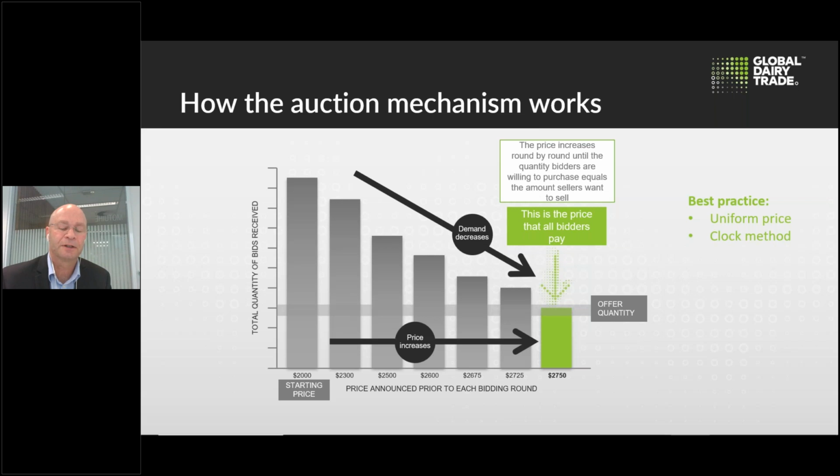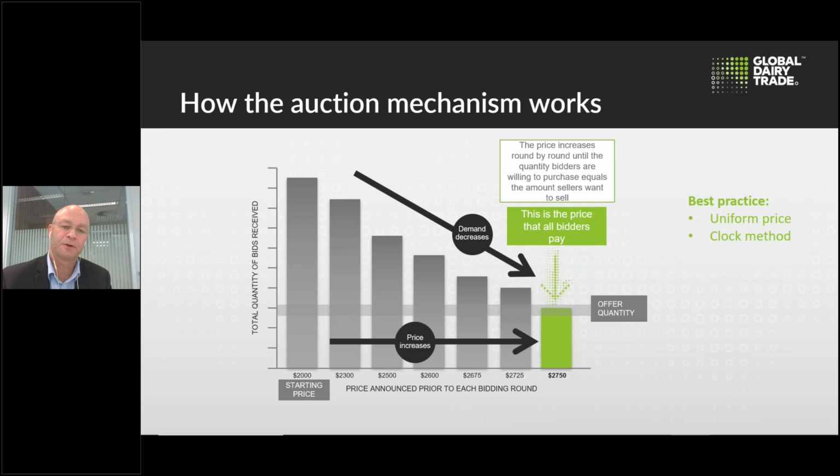As a clock auction, and by a clock auction we mean this round by round process that I talked through, that's seen as best practice as well when there's a lot of uncertainty about what the price is, and when there's what's known as common value, so everybody inherently values the product in a common way.